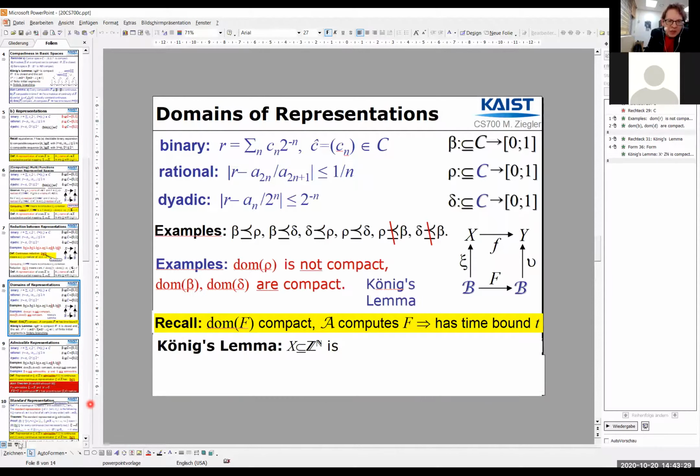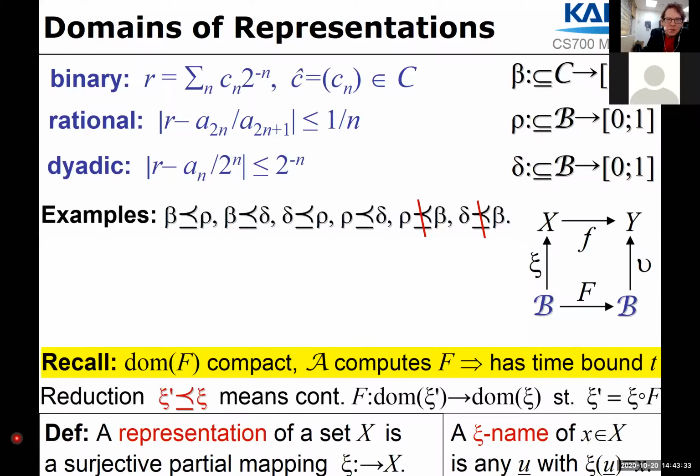So next, another way of comparing representations is by comparing their domains. In particular, what topological properties do the domains have? Here it depends, of course, on the domains and the codomains of the representation. Cantor space is a complete metric space.